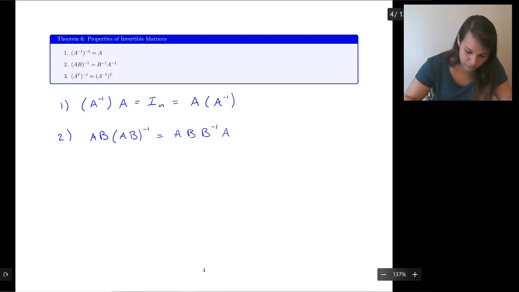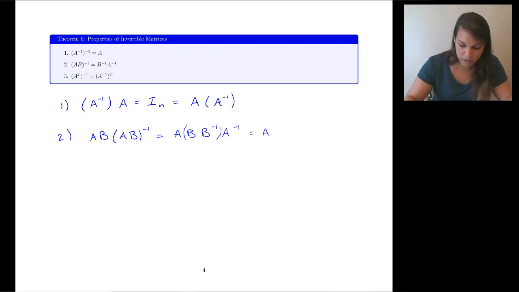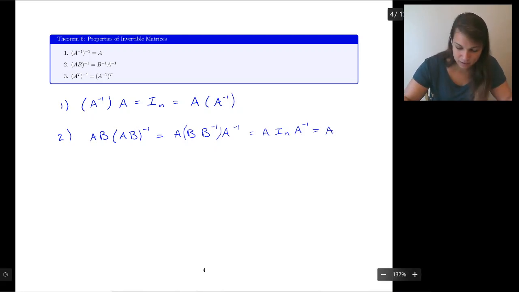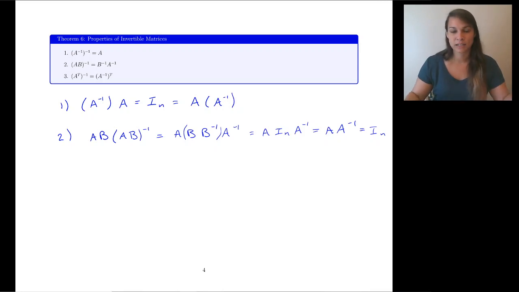If we do that, we get this. And then we can group up these B's in the middle, and B inverse times B is going to be the identity matrix. That's fine. And then the identity matrix just multiplies with either A or A inverse, and it gives back the matrix that we started with. So cool, it worked when we did it on the right side.